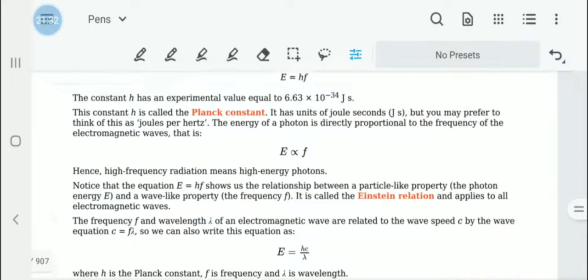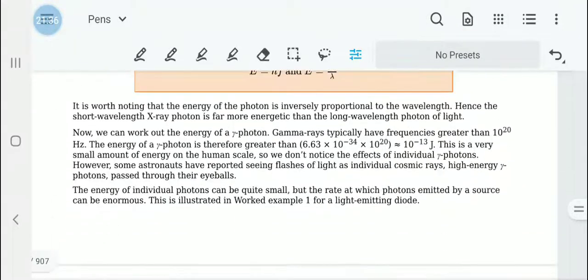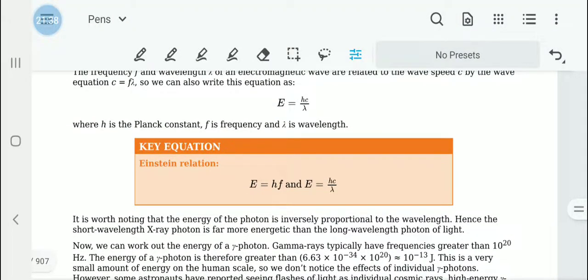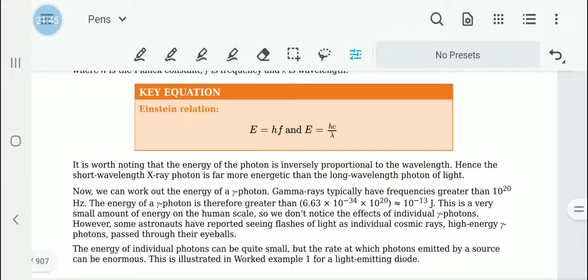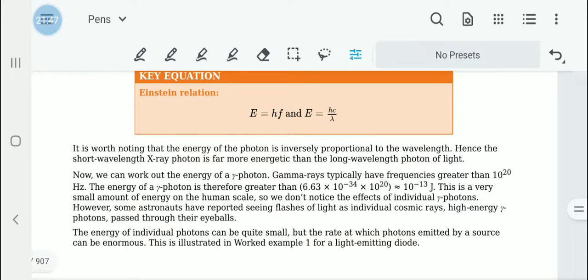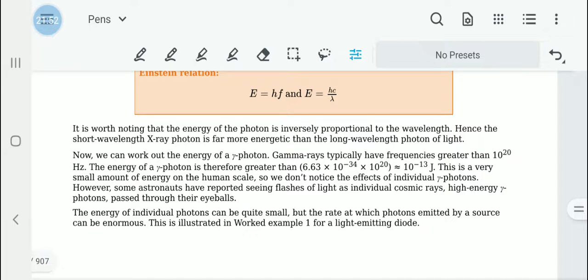We had a value for that, 6.63 × 10^-34 joule seconds or joules per hertz, and then we have the frequency and lambda, the wavelength. So the Einstein relation is E equals hf and E equals hc upon lambda. We have these equations in relation to the photon, the quantum energy or packets of energy.